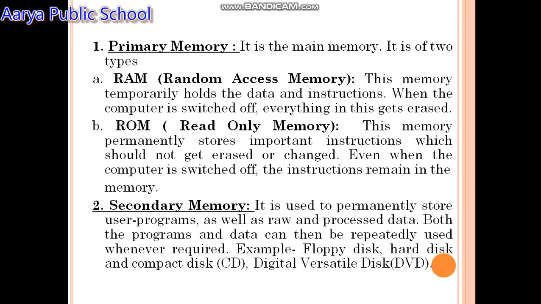This memory stores data temporarily. When our computer starts, it can load the information, but when you switch off the computer, all data will be erased. Then the next type of primary memory is ROM, read only memory.